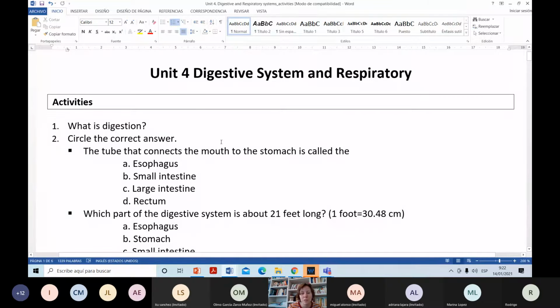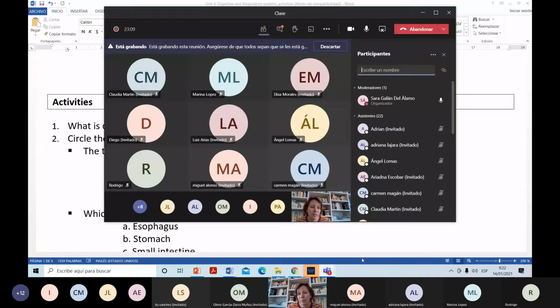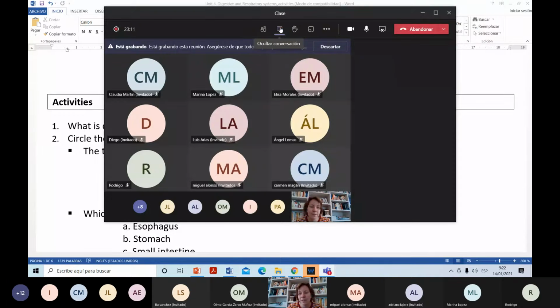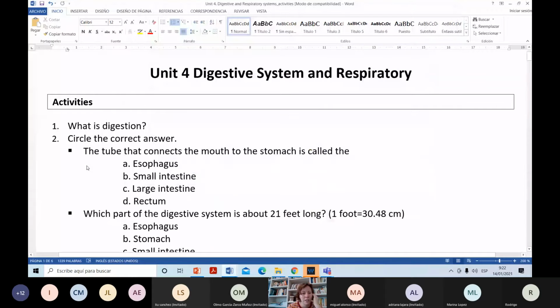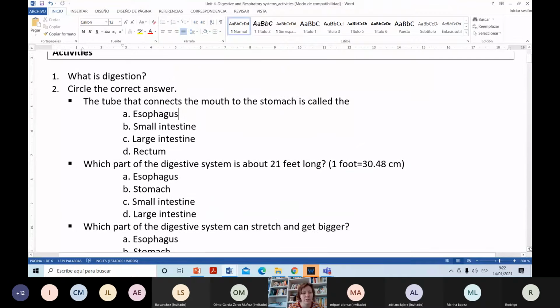Well, that's an easy one. You just have to look at the picture on page number 38, the diagram of the digestive system, and your answer is the esophagus, which is letter A. So that's the right answer. The tube that connects the mouth to the stomach is the esophagus.